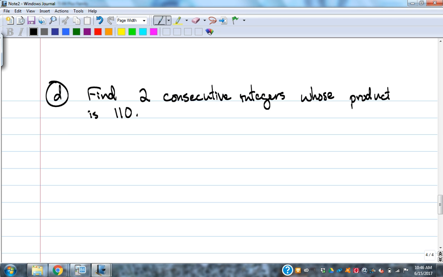Okay. So two consecutive integers whose product is 110. So that means product means what? Multiply. So it means find two numbers that multiply together that are in sequence with one another to be a positive 110. Okay. So with that, we get the stipulation. Since it says integers, what do we know about those numbers?